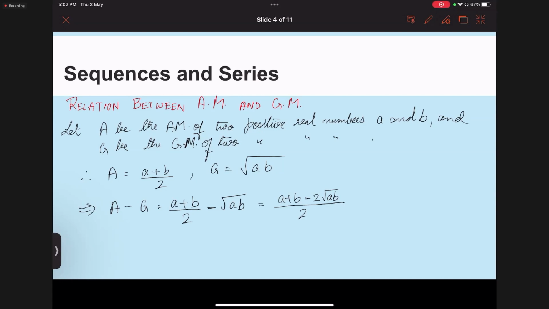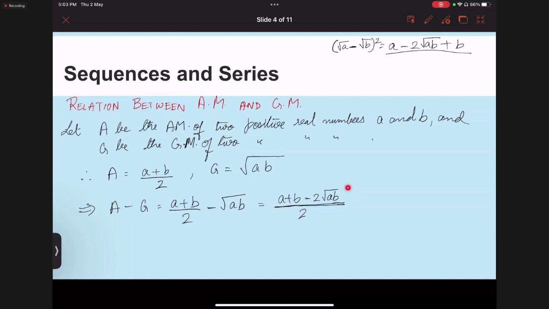Now you can see that if you take root of a minus root of b the whole square and expand it, root a squared is going to give you a, minus 2 root a multiplied by root b, which you can write as root of ab, and plus root b squared, so that will be b. So this is in the form of the numerator that we have here.